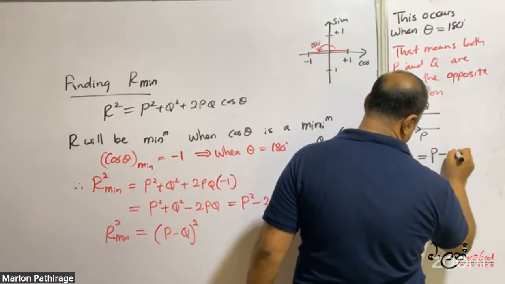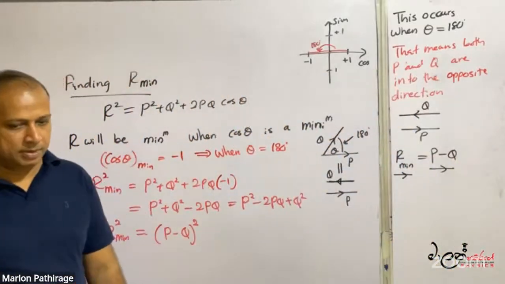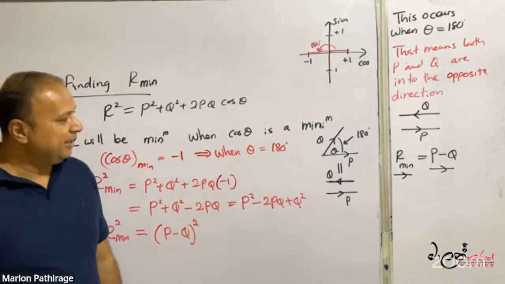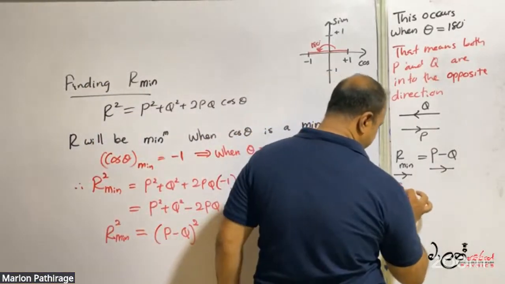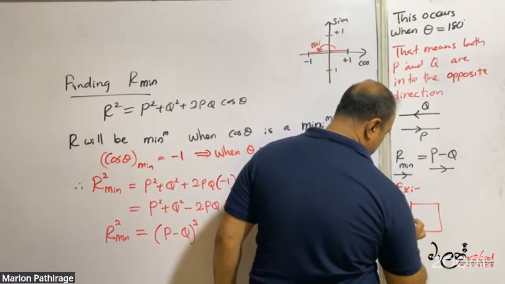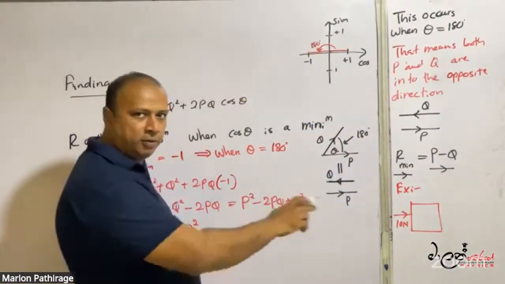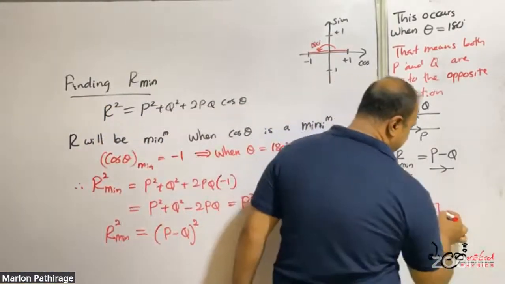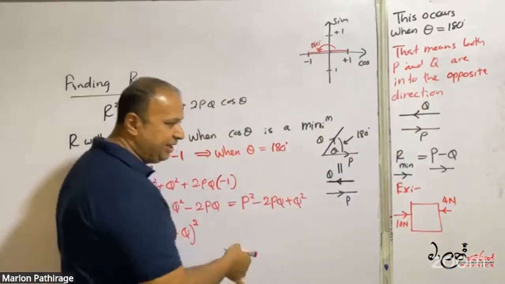The resultant is P minus Q. As an example, a 10 Newton force is applied to the right hand side, and a 4 Newton force is applied to the left hand side.